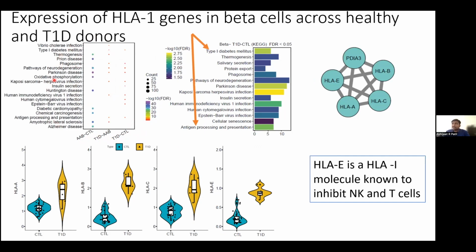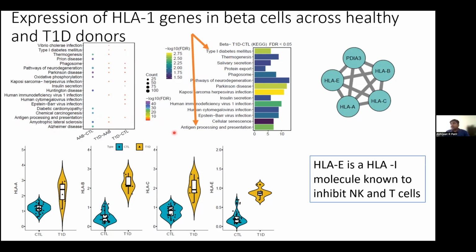So we are seeing these KEGG pathways, and some of the pathways of our interest are here, for example type 1 diabetes and antigen processing and presentation, which is primarily in type 1D versus control and type 1D versus AB. So this was across all cells.